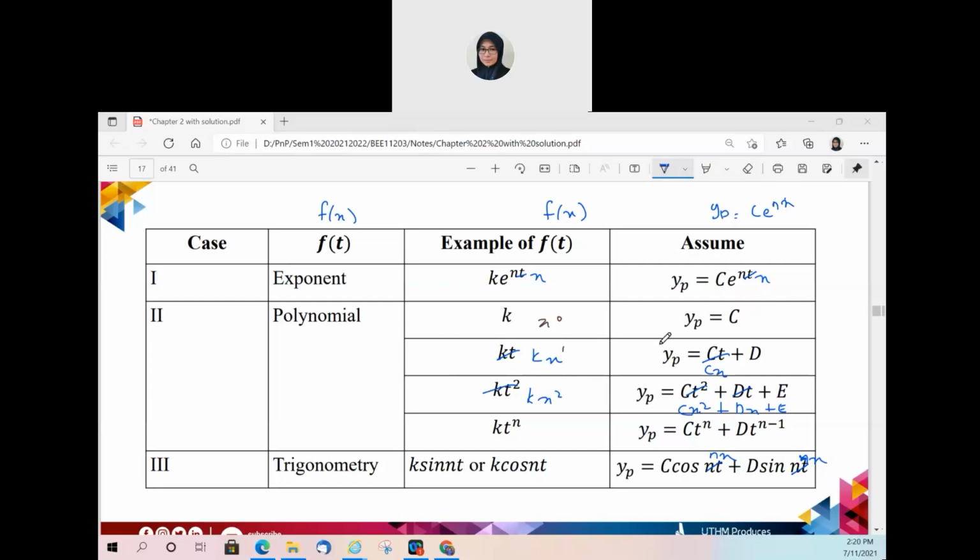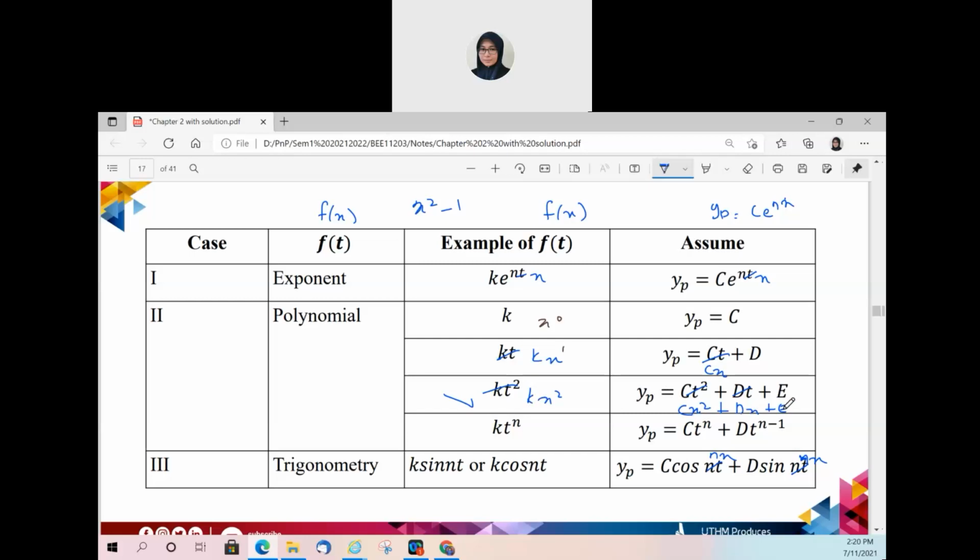Okay, then you have to refer to this table. We have fx, our fx is x square minus 1. Then look at this polynomial. You have x square. Then we have to refer to this Kx square. Then your yp will be cx square plus dx plus e.